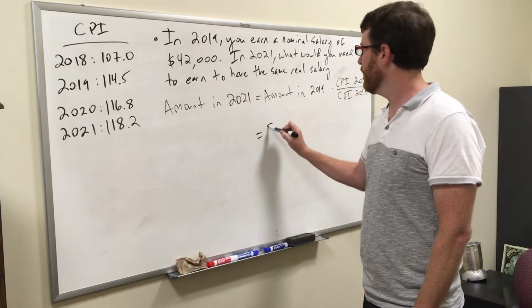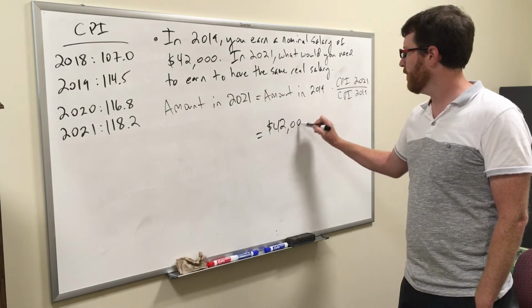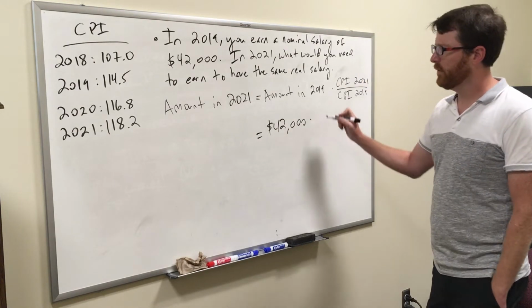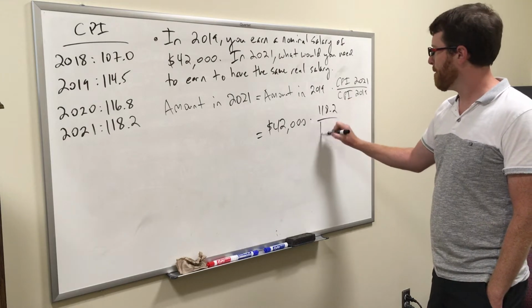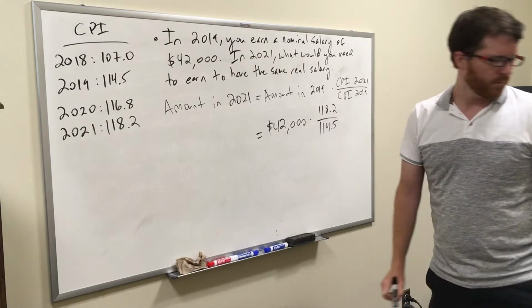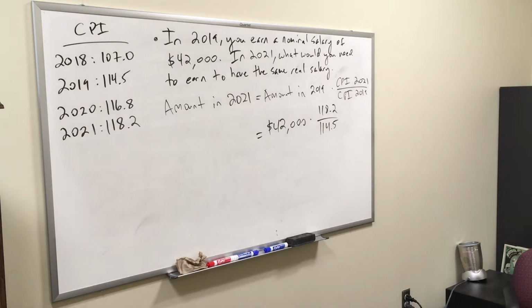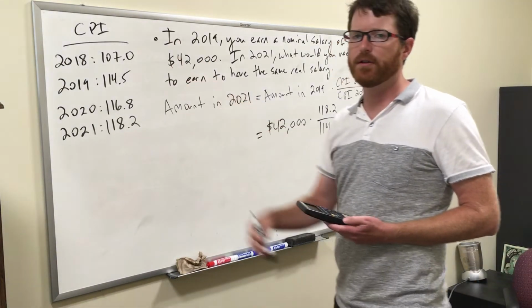So plugging these in, 42,000 times the ratio of CPIs, like that. Okay. Notice it's only those 2 year CPIs that you need, okay? So part of the difficulty is making sure you use the right information from up here.